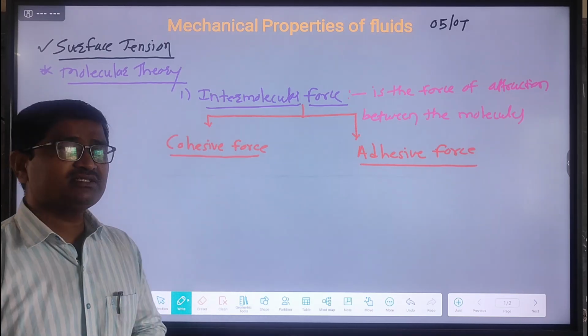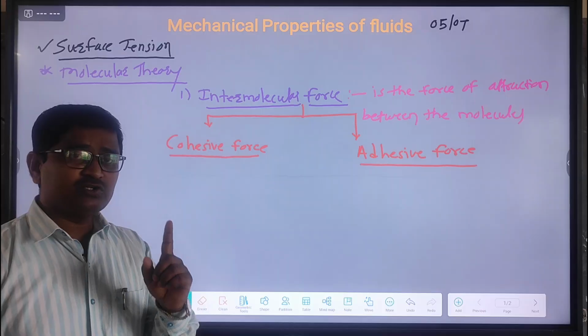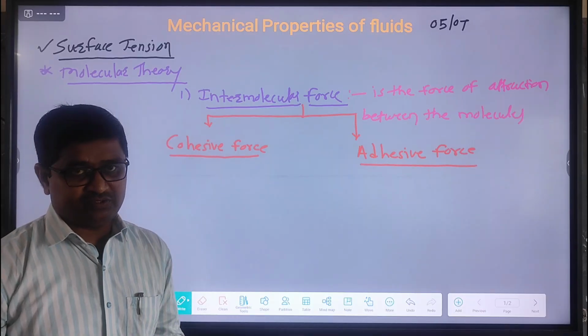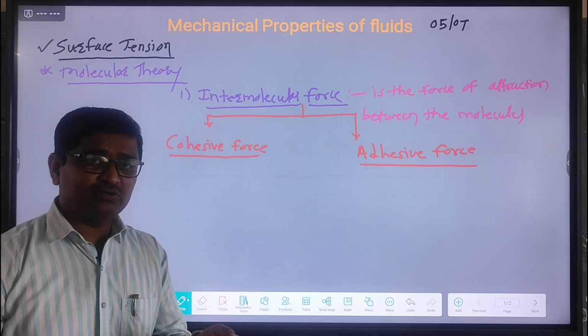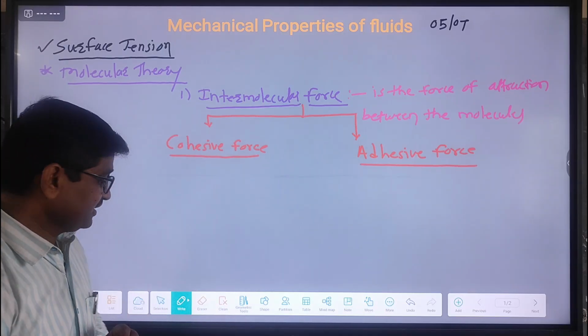Initially we discuss the cohesive force. The force of attraction between two molecules of the same substance.